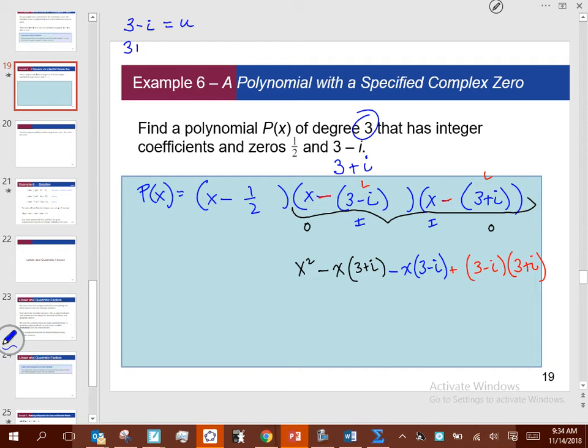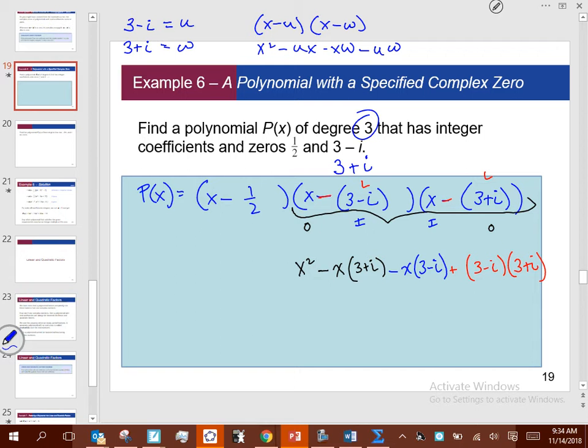And 3 plus i, let that be w. Then what does this look like? x minus u, x minus w, does that make sense? Could I then go x squared minus ux, then minus xw, and then minus u times w.